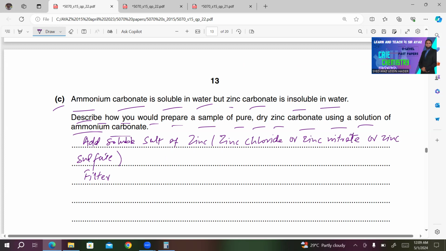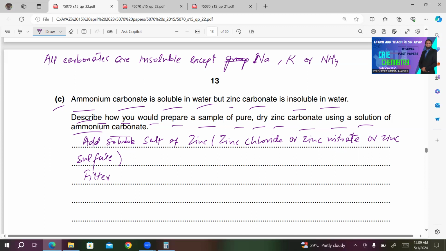All carbonates are insoluble, except sodium, potassium, or ammonium. Don't write group 1, just write these. So it must be insoluble.